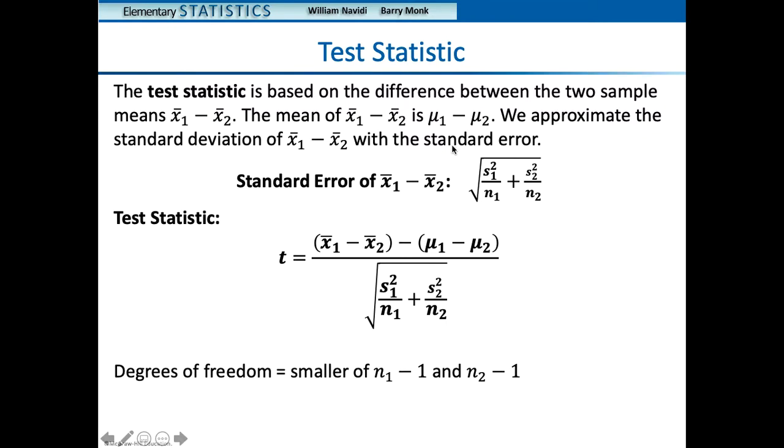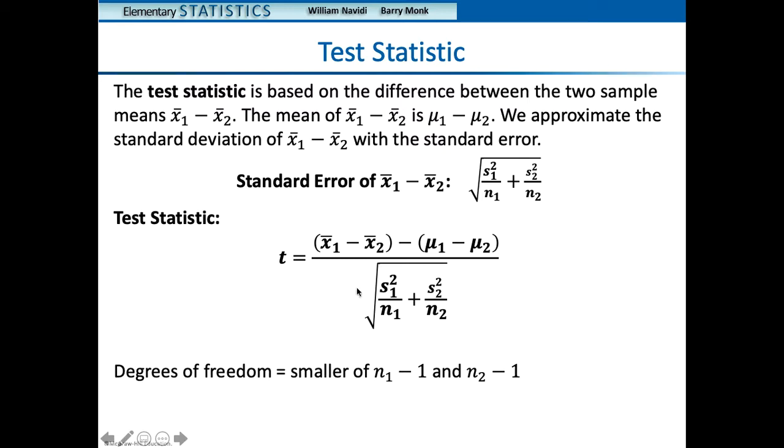Now, it can be proven mathematically, and I won't walk through that, that the standard error, or the standard deviation of the random variable x1 bar minus x2 bar, is given by this formula right here: the square root of s1 squared over n1 plus s2 squared over n2.